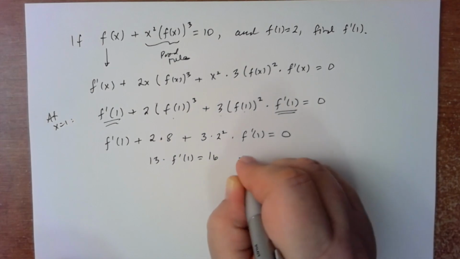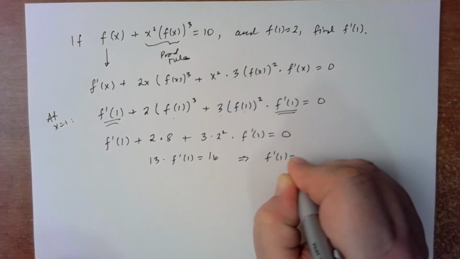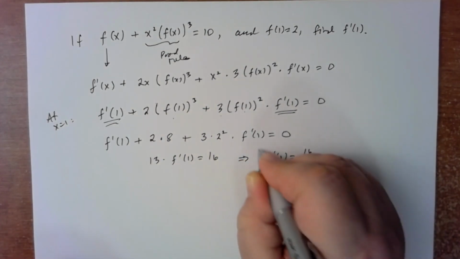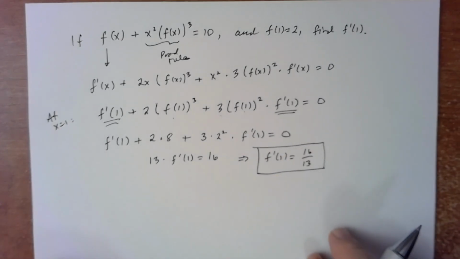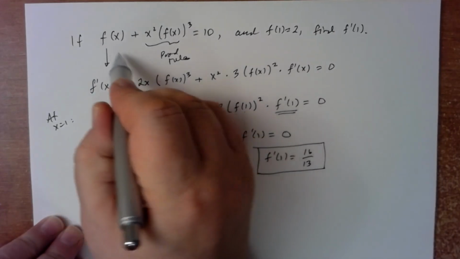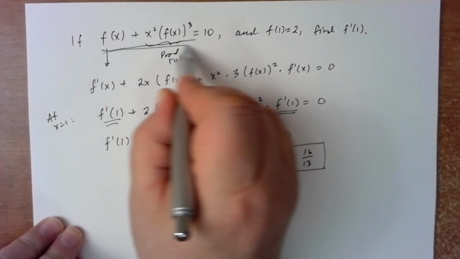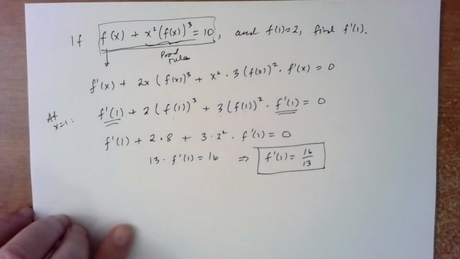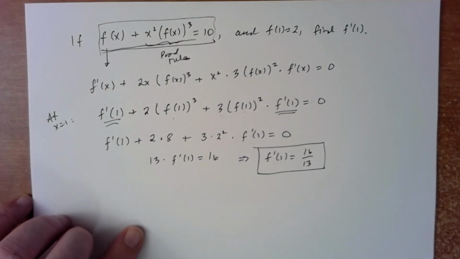And so f prime of 1 is equal to 16 over 13. Good. This is kind of a flashback to our previous section, where we were looking at expressions of this form and differentiating those.